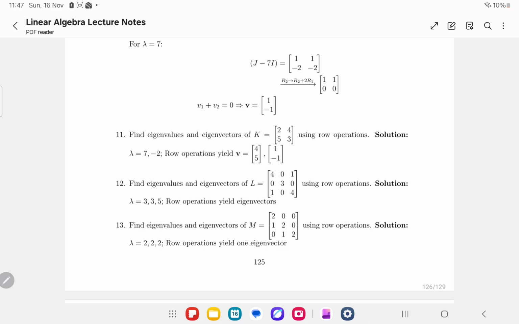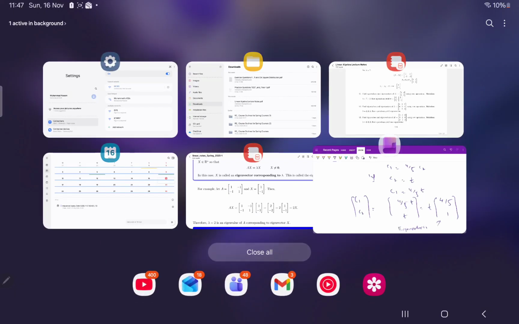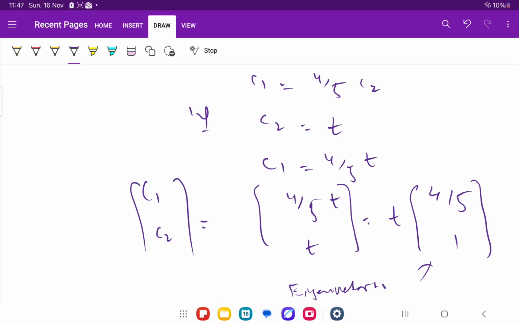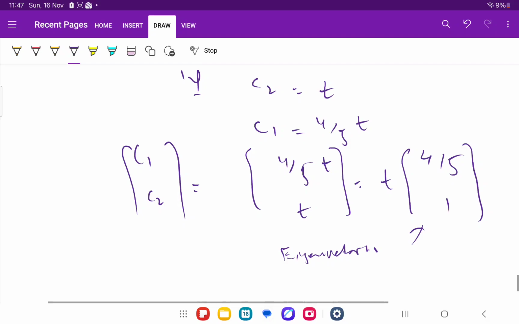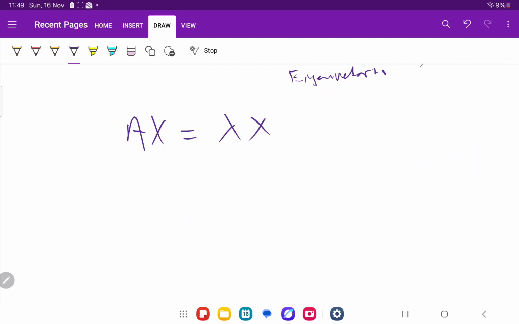It's fine. The vector is fine. It's written 4, 5. So it's fine. There's no problem. Okay, 4 by 5 and 1, it's the same thing. And you could test as well. Testing. So where A is your matrix, whatever the matrix you have been given, so we are considering the left hand side.